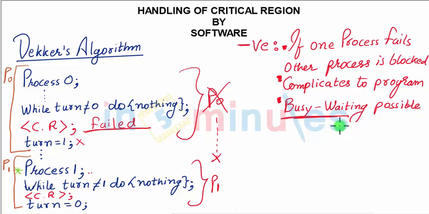Further, if we try to code this thing, it is always going to be complicated. Why? Because looking at one variable and deciding who will enter and achieving a proper synchronization without suffering from being blocked or busy waiting, not possible. So we obviously require a better algorithm. That better algorithm, which could support more than 2 programs, would be Peterson's solution.